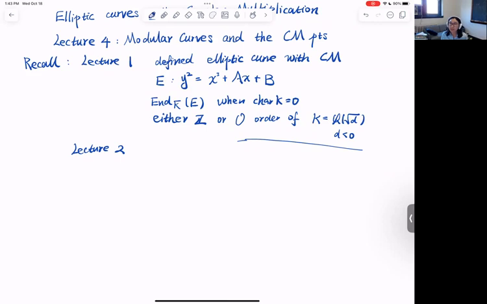But we did not prove, in lecture 1, the existence of any elliptic curve with complex multiplication, let alone if you were asked, okay, if I give you any order in an imaginary quadratic field, does there exist an elliptic curve whose endomorphism ring is isomorphic to that order? So we did not discuss the existence of such elliptic curves. We just discussed the possibility of the existence, right?